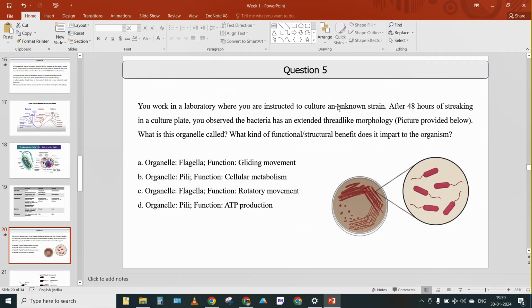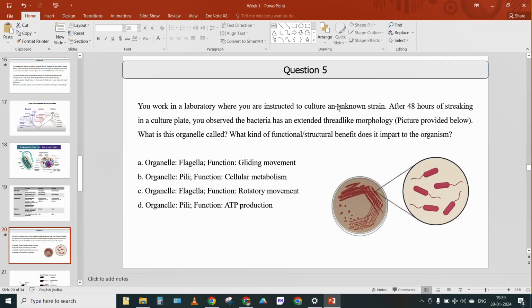Option A: flagella, and its function is gliding movement. Option B: pili, and its function is cellular metabolism. Option C: flagella, and its function is rotatory movement. Option D: pili, and its function is ATP production.